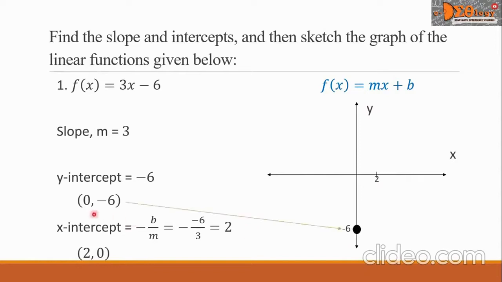First is (0, negative 6), that is the point, followed by the (2, 0), that is the point. And then we will connect the 2 points, and this is now the line f of x equals 3x minus 6. This is our final answer.